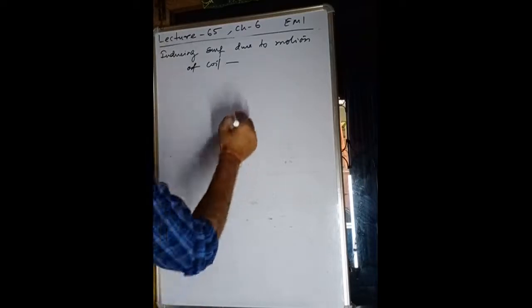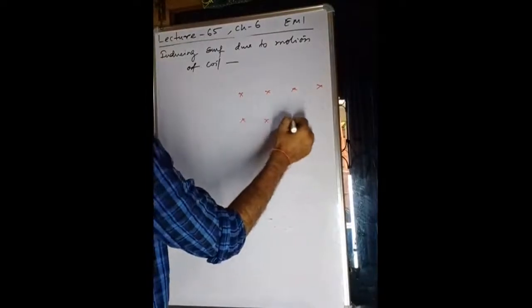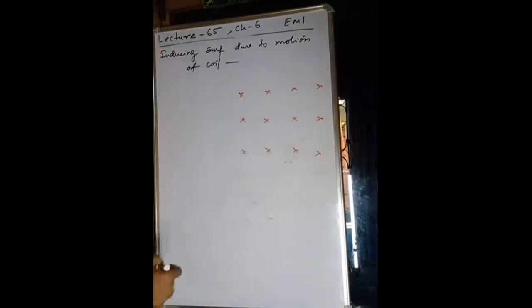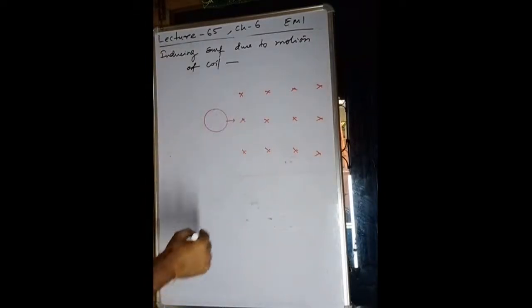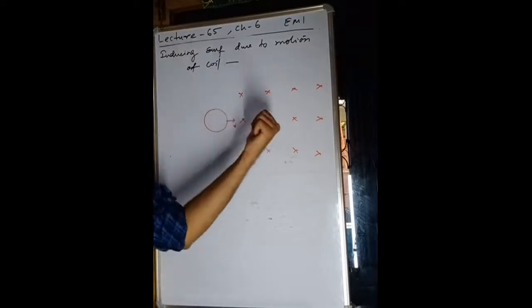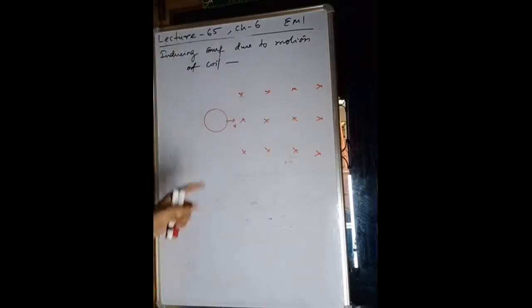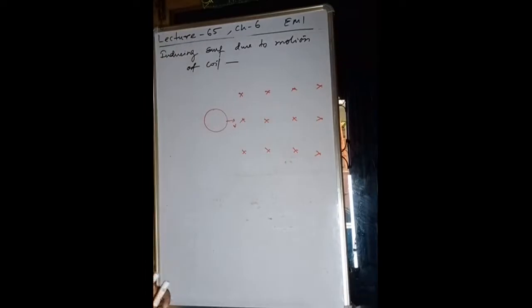So here, this is very important. Give attention here, my dear students. Here is one coil, and it is moving inside the magnetic field. This is the magnetic field. The cross represents inward and the dot represents outward. So this coil is moving inside the magnetic field.